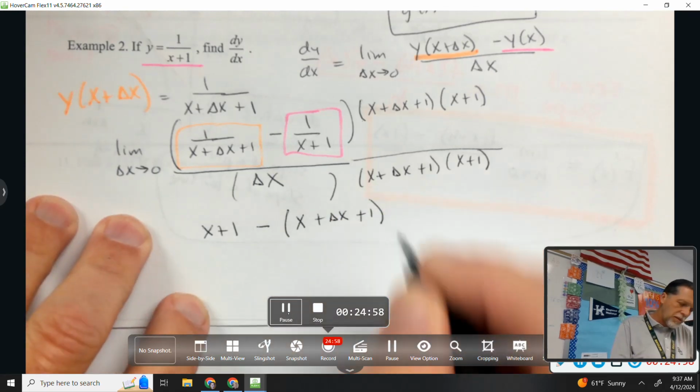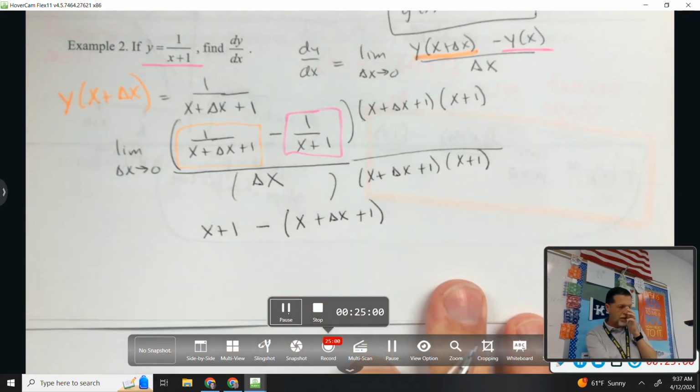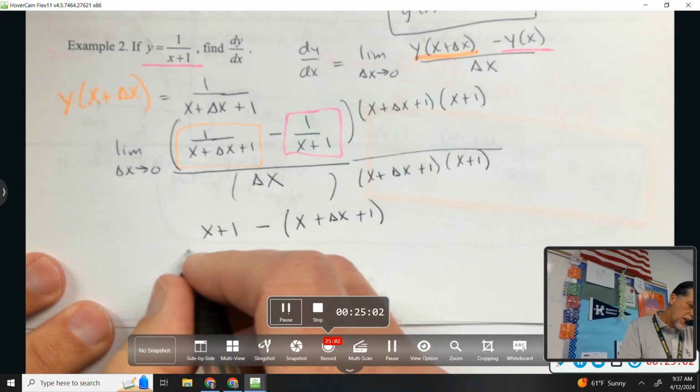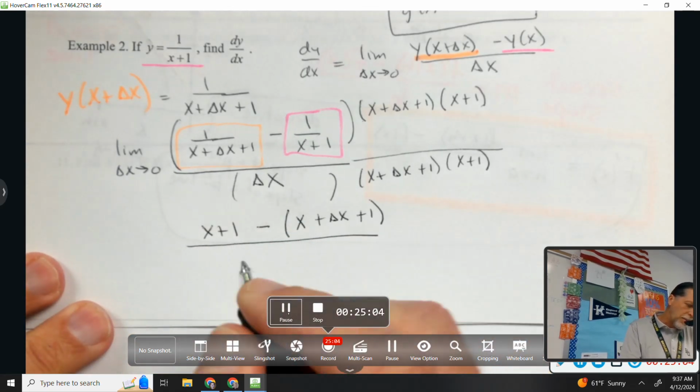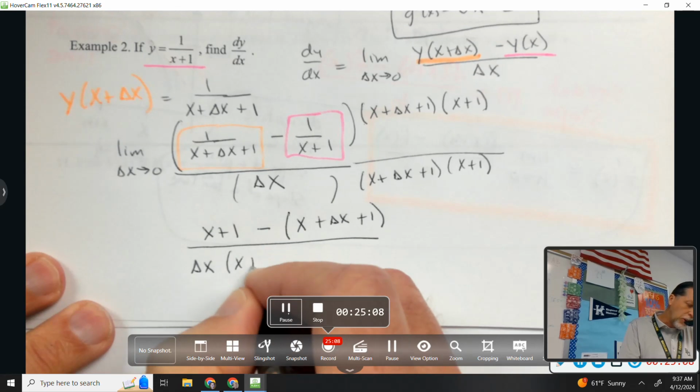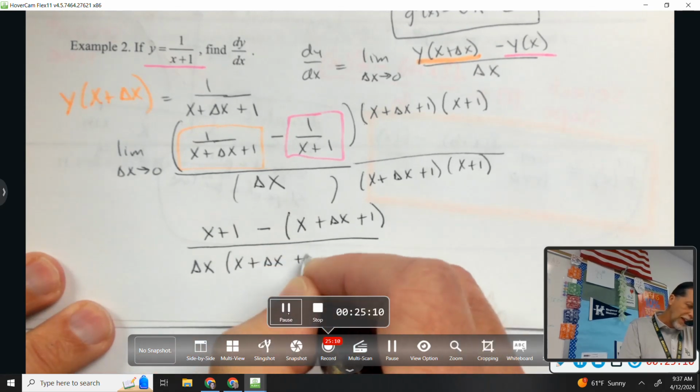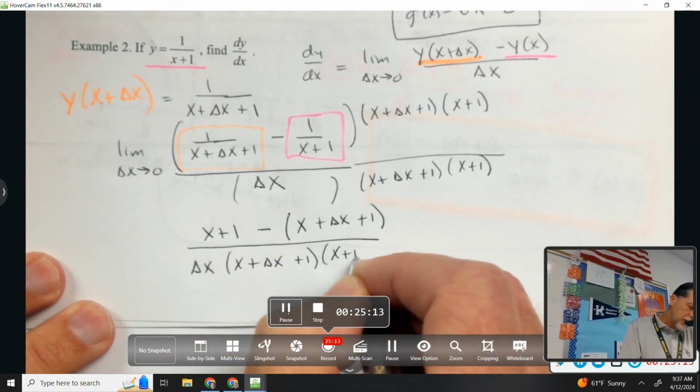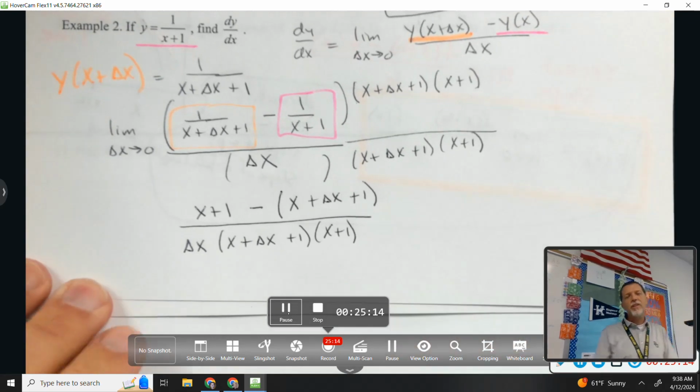And then in the bottom, remember this is where we don't cancel or distribute anything. We're just going to leave it like this and hope something works in our favor here in a minute.